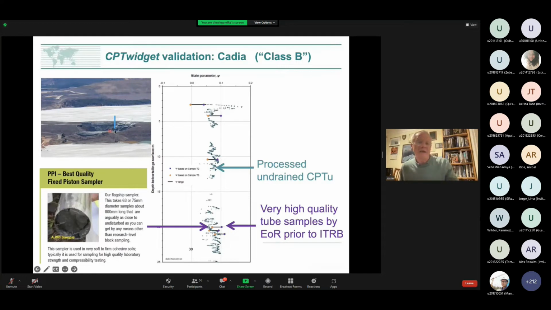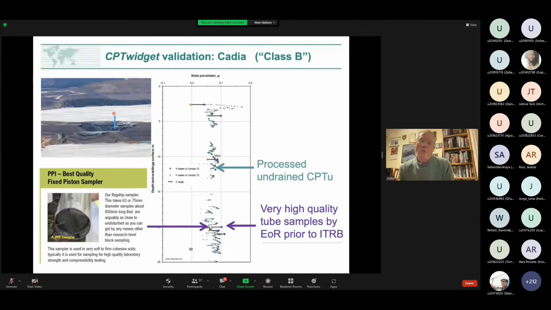This is the Cadia liquefaction slump. And what I've highlighted in blue is that a year before the slump, they put down a CPT in that location, which turned out to be more or less in the center of the slump. And not only did they do that, they did a bunch of fixed piston sampling with a particular sampler, which reportedly produced very high quality samples.